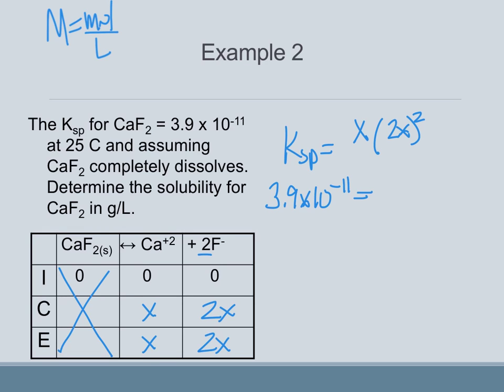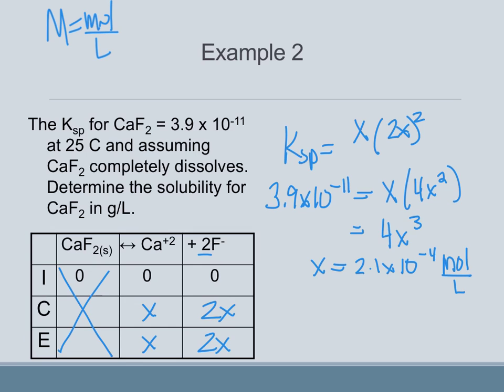We have 2x term squared, so that is 4x squared, because you square both parts, and that ends up giving us 4x cubed when you do the multiplication. When you divide by 4 and do a cube root, your x value is going to end up being 2.1 times 10 to the negative 4th, and that's molarity, which we know is moles per liter.